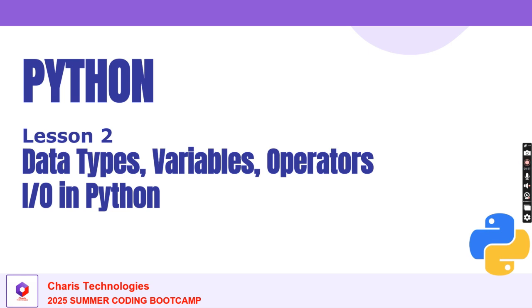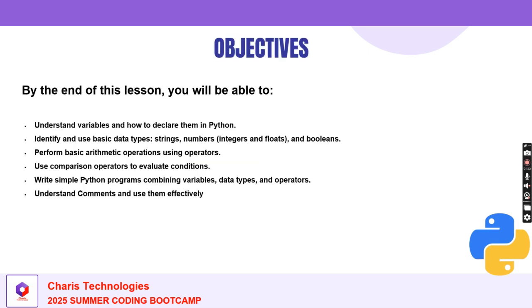So our focus today is on data types, variables, operators, and I/O in Python. I/O is just input and output, right? So these are the lesson objectives. By the end of this lesson, you will be able to understand variables and how to declare them in Python.